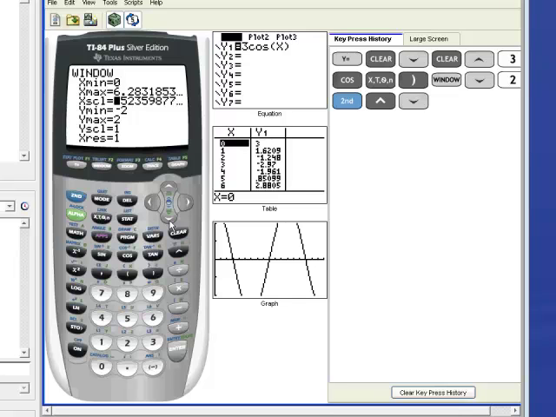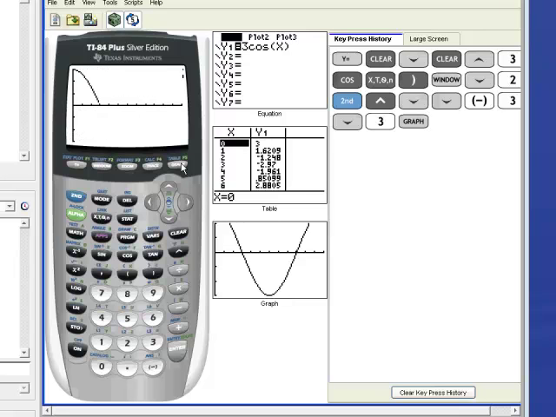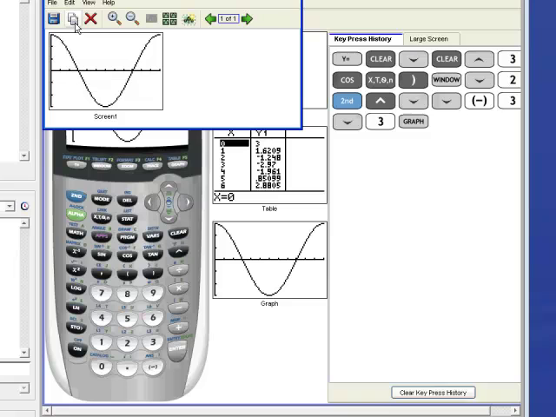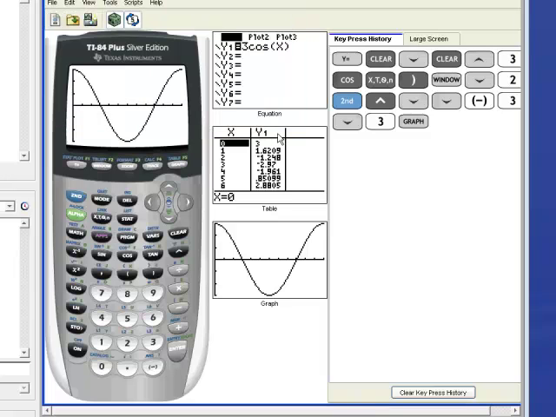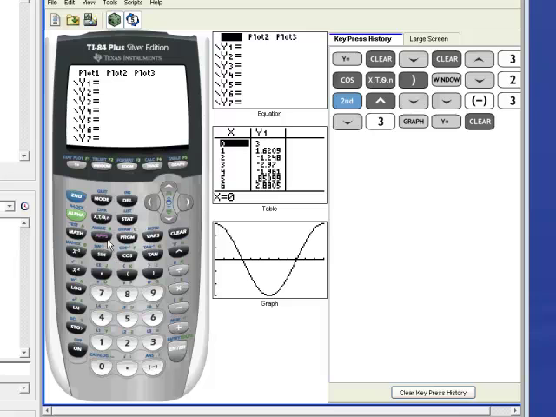Pi over 6, that's fine, and we had an amplitude of 3 anyway, so I might as well do the y values between -3 and 3. And there it is, exactly 1 period. And the other one is simply sine 3x.